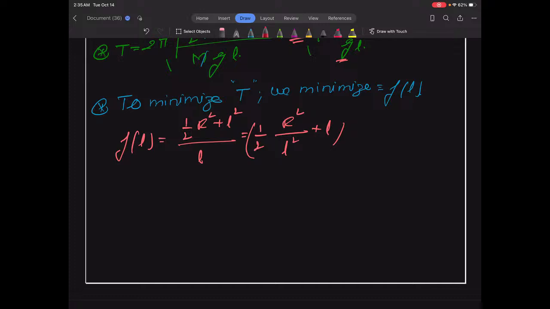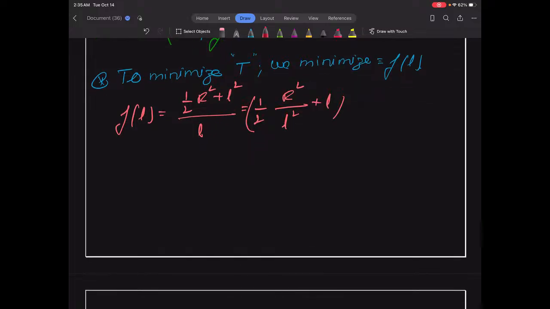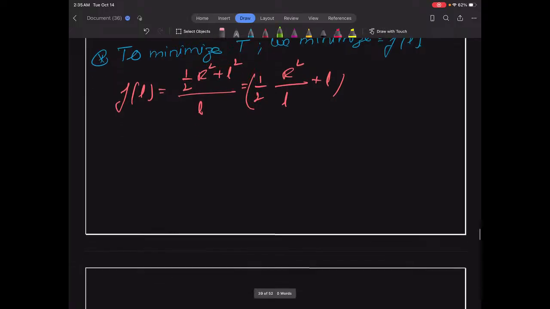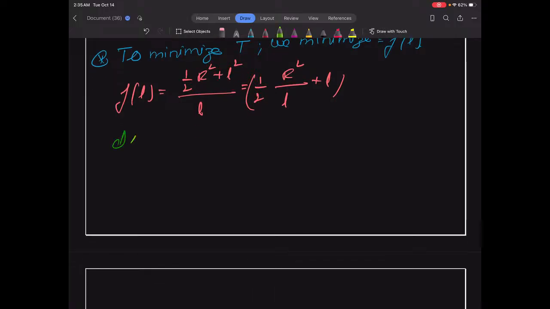Let's find its derivative, df upon dL, which will be equal to minus 1 by 2 r square over L square plus 1. And we are going to equate this term to 0.